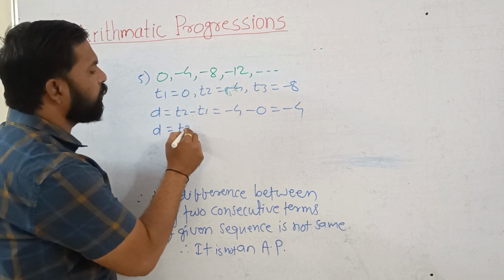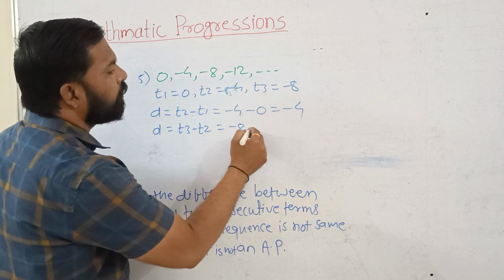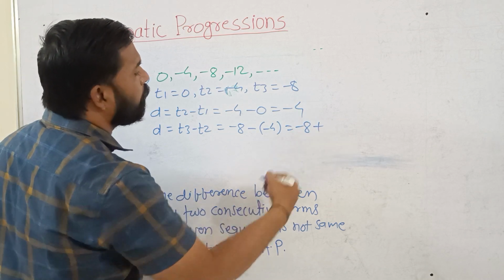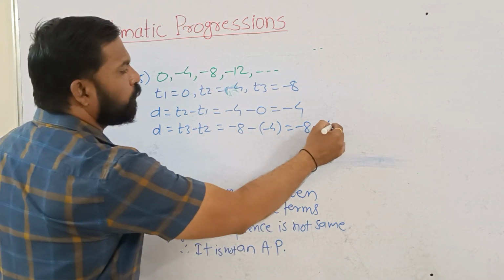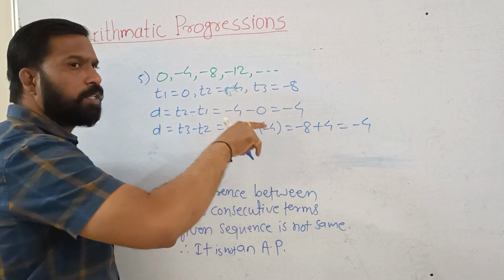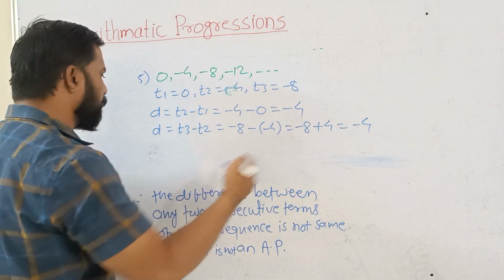D is equal to T3 minus T2. What is T3? Minus 8. Minus what is T2? Minus 4. Minus 8 plus positive 4, which is equal to minus 4. In subtraction, the answer always carries the sign of the greater number.